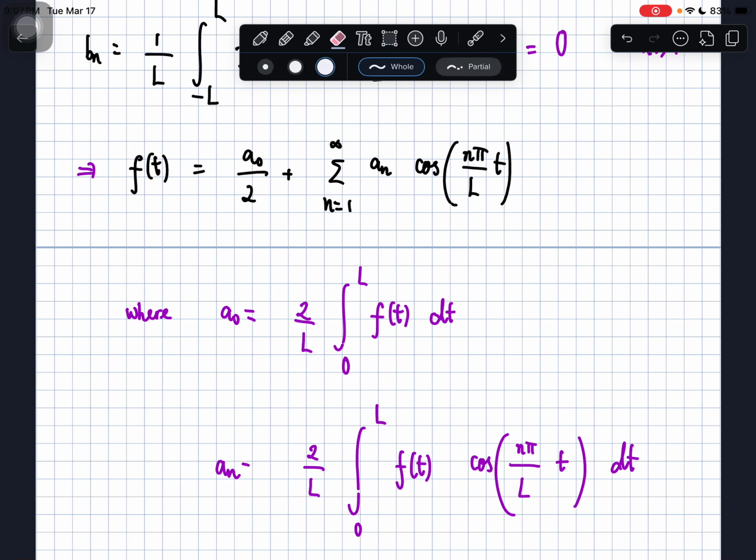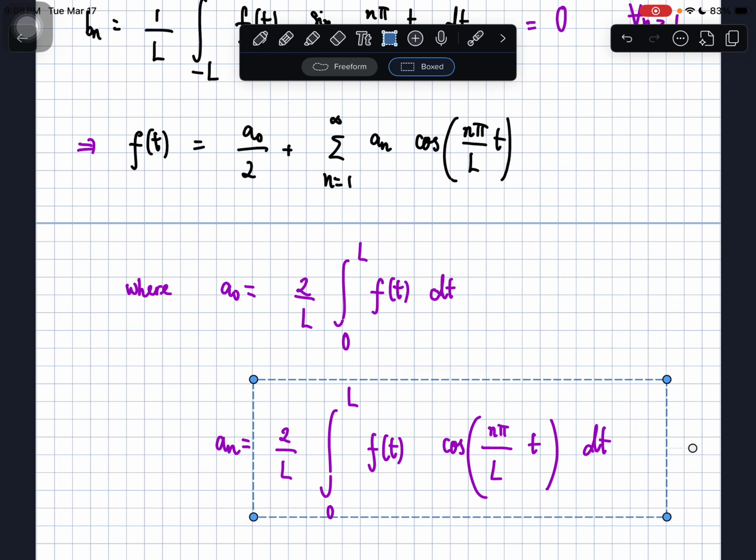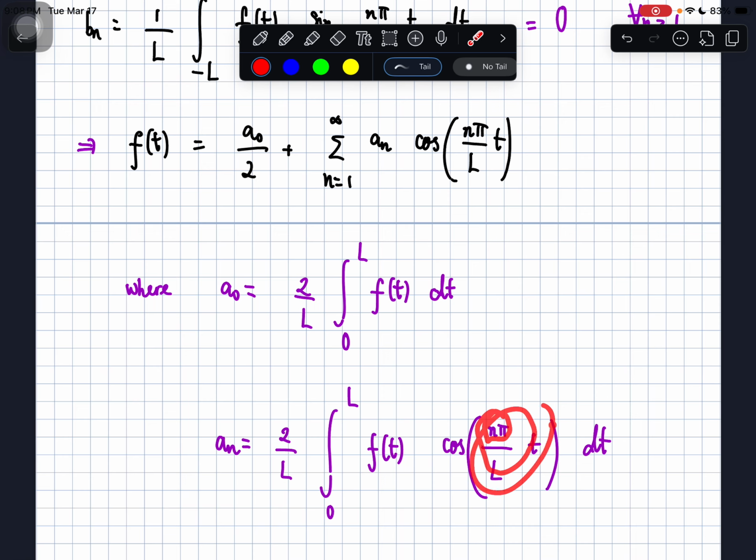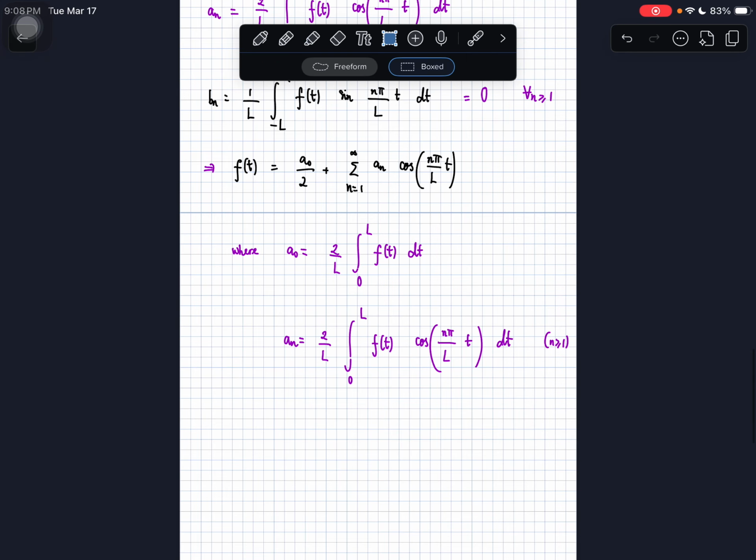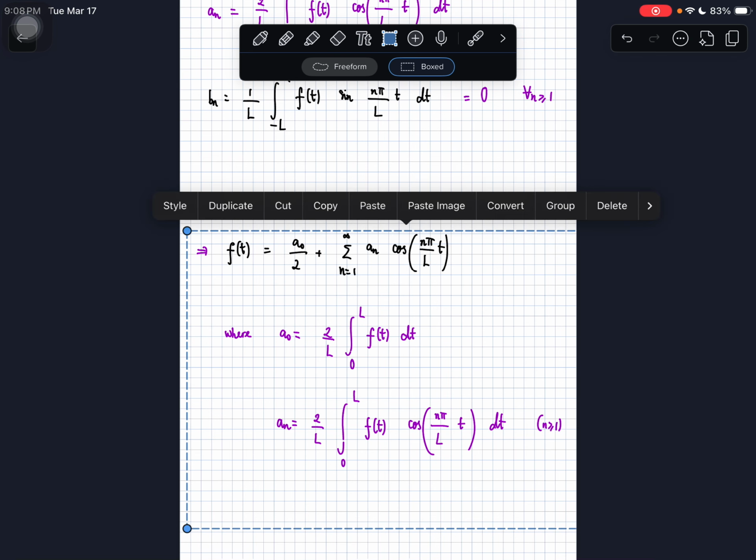Again, we can use the same formula for a0 and an, because when n equals 0, this term cosine of 0 is 1. So this is a Fourier series of an even function.